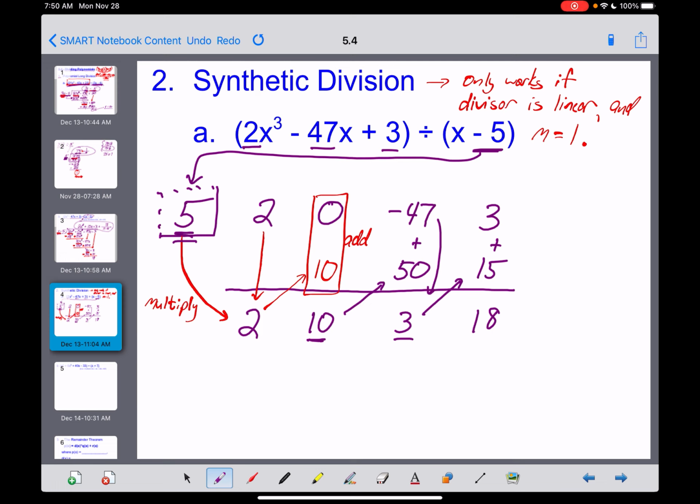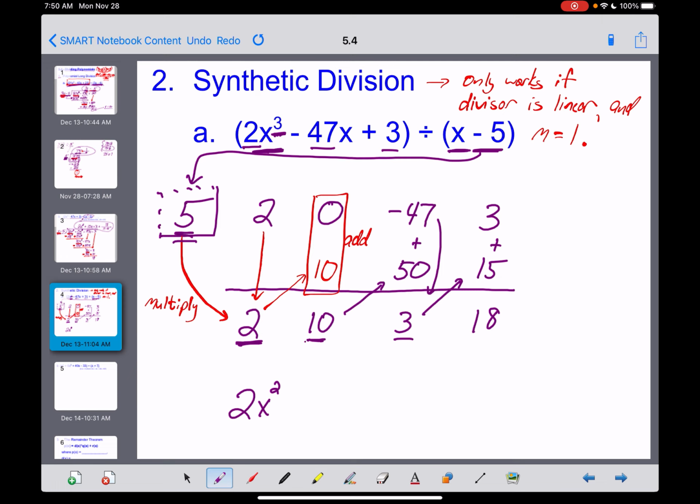And so that doesn't really seem to have accomplished very much, but now I need to tell you guys what to do with your answer right here. We started off with a cubic polynomial, 2x to the third, and we divided now by x to the first. So what we have right here, guys, is the coefficient of the first term in our quotient, and the degree of that term is going to be 1 less than what we started with. Since we started with x cubed, this is going to be 2x squared.